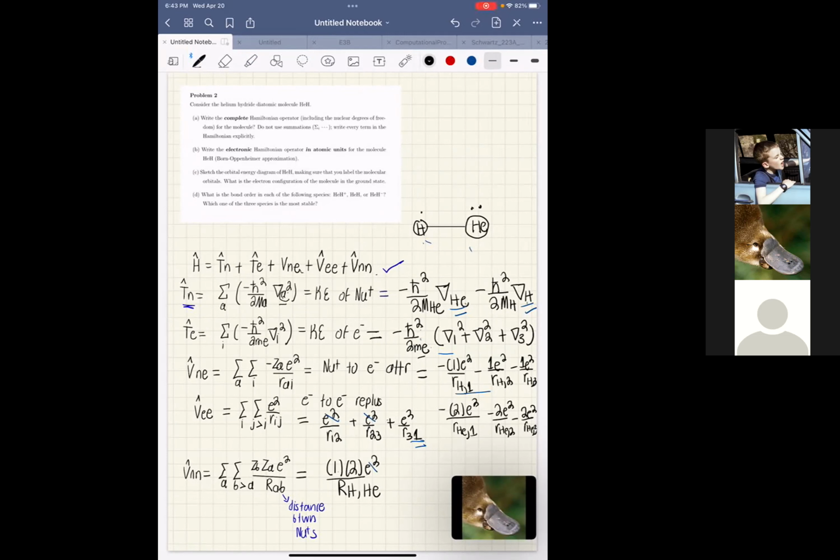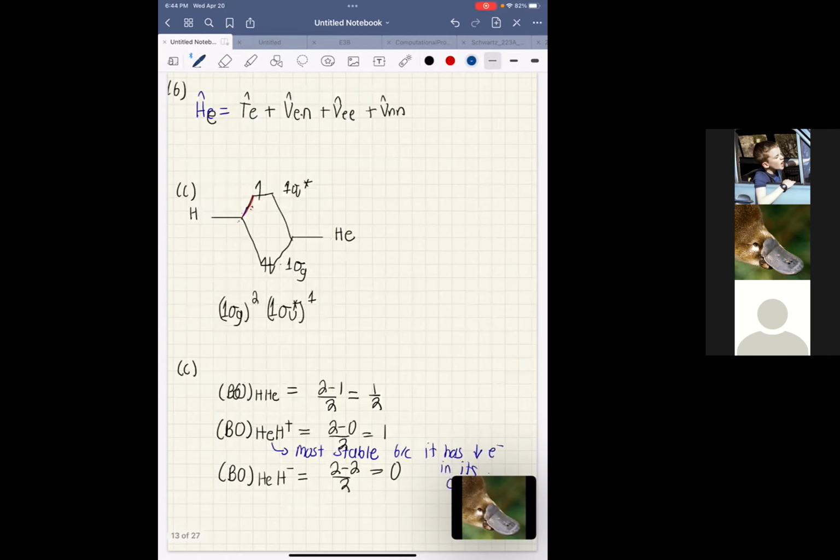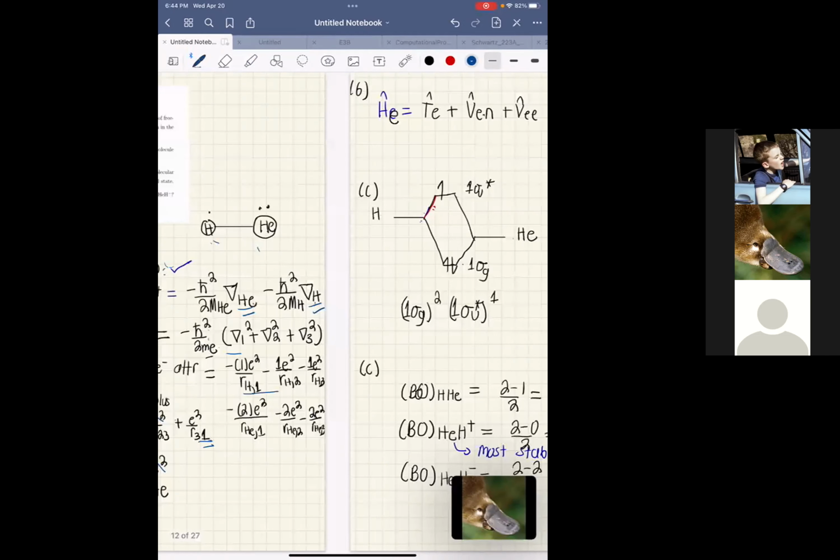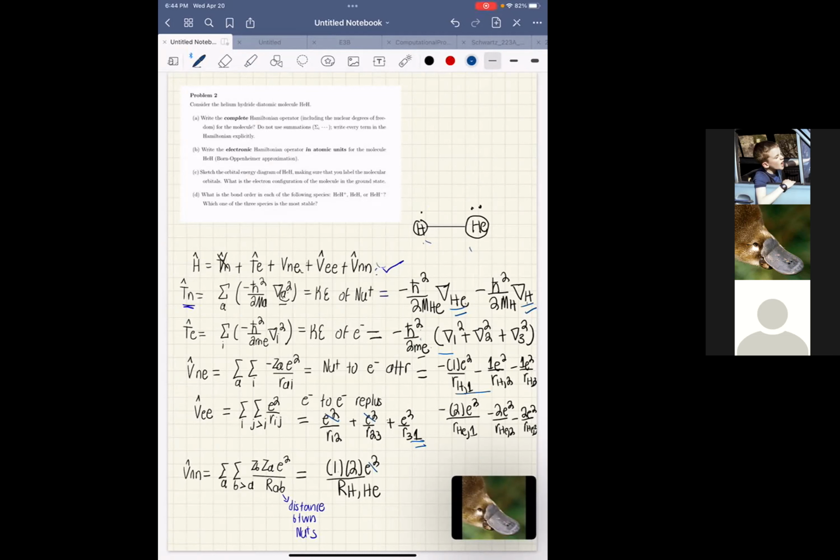And then what about part B, the electronic Hamiltonian operator? It's basically the same thing, but just don't include this. If the question asks you to write the electronic Hamiltonian, just write this whole thing and say the terms are in the previous part A. So the electronic Hamiltonian operator doesn't have the kinetic energy of the nucleus because in the electronic Hamiltonian, we assume that the nuclei are fixed, so we don't count the kinetic energy of the nuclei.